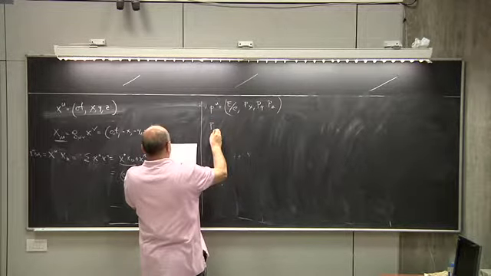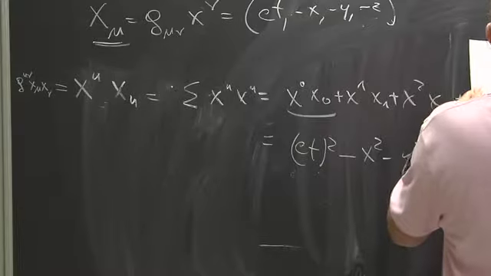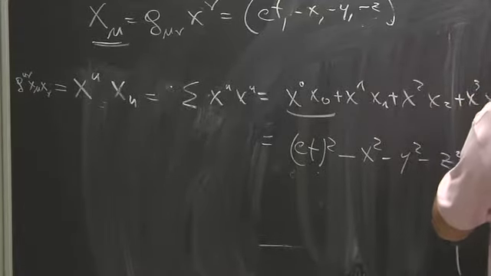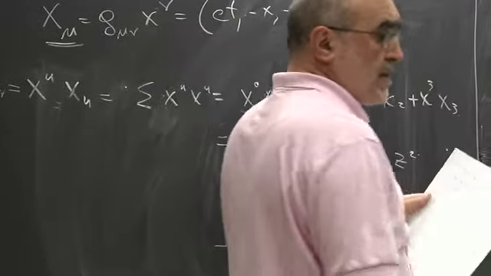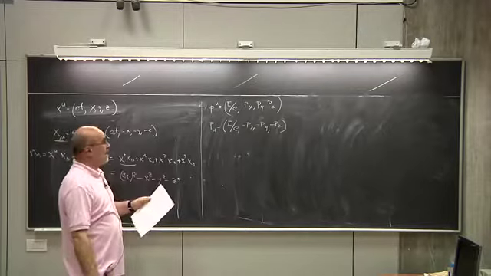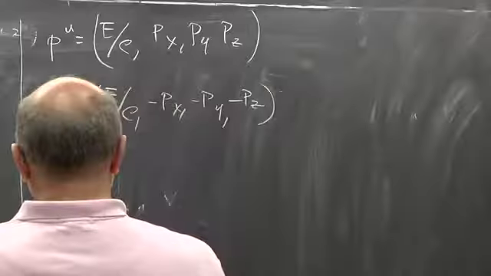The covariant one instead is E over c, minus Px, minus Py, minus Pz. So the four vectors that have 3 minus 1 are the covariant ones in the notation we have written.